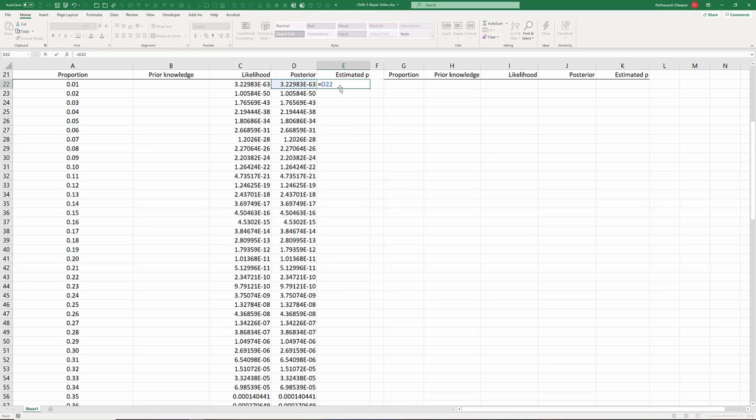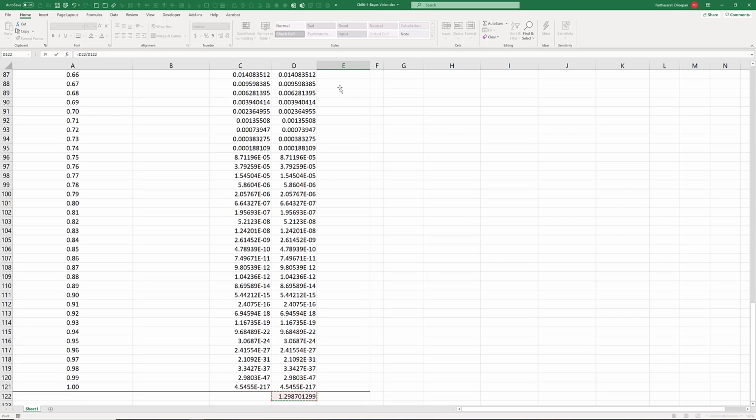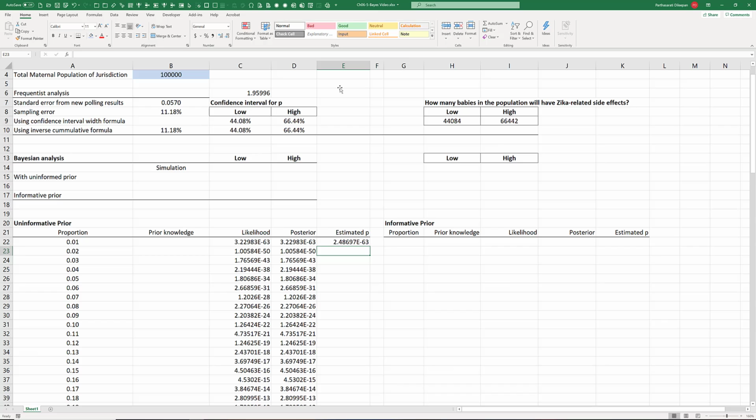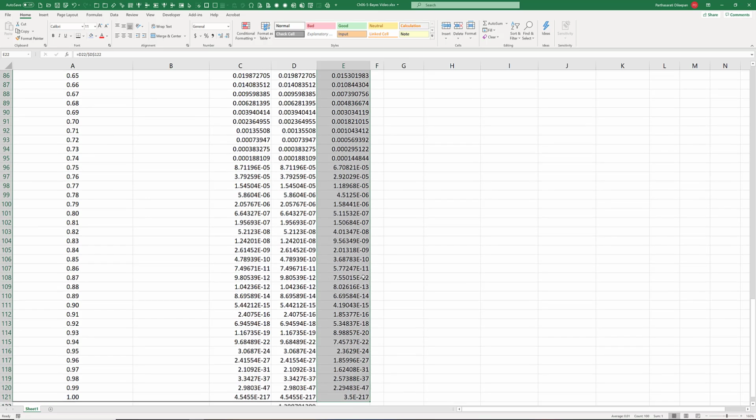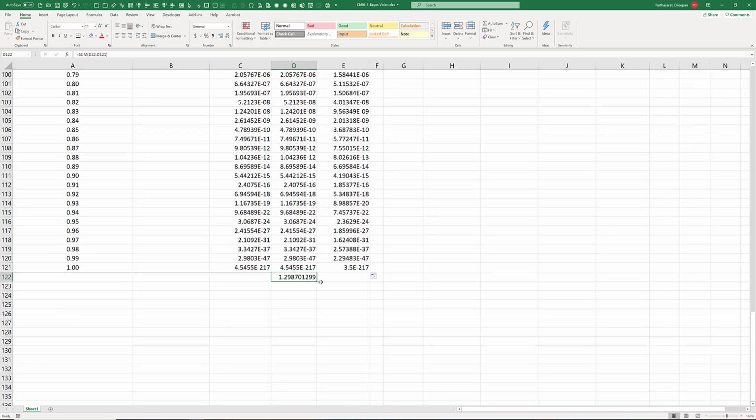We do that divided by that total. That total must always come from D122, so it needs to be absolute referenced. All right, now copy. So these are the normalized posterior probabilities, and they sum to 1.